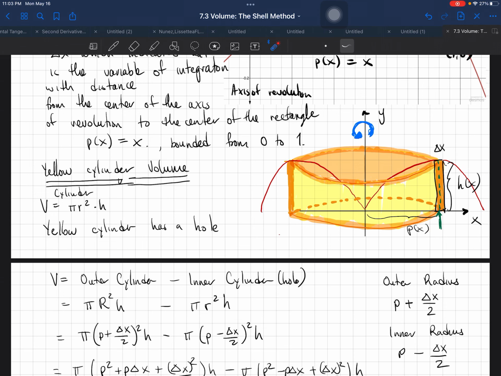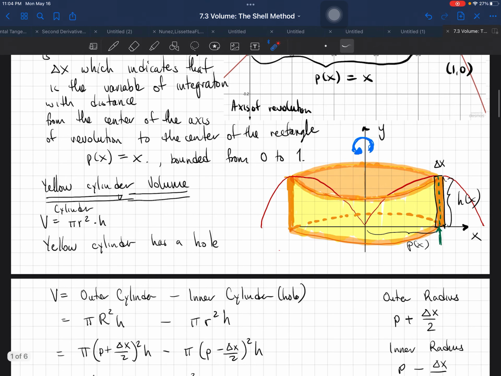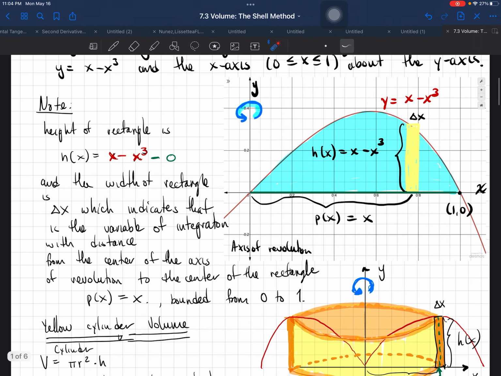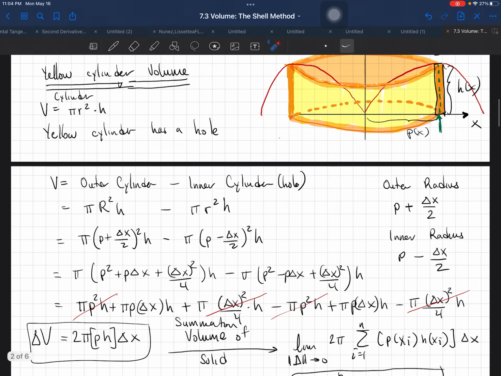So if this rectangle is at 2, then you're at 0 to 2, so that will be 2. So it depends on what x equals. Your height in this case is going to be the height of the rectangle, which can be defined by the graph, the function given to you.